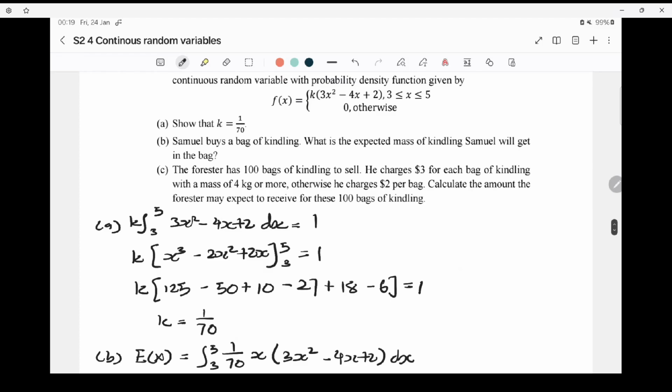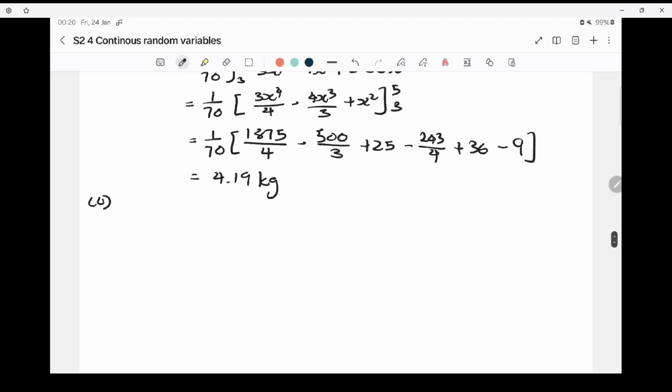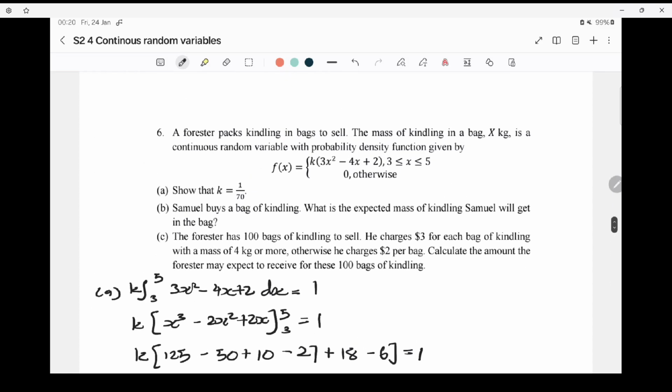The forester has 100 bags of kindling, $3 with mass 4 kg or more, $2 otherwise. So find the expected amount for these hundred bags. What you need to do is divide your probability into 2 parts.